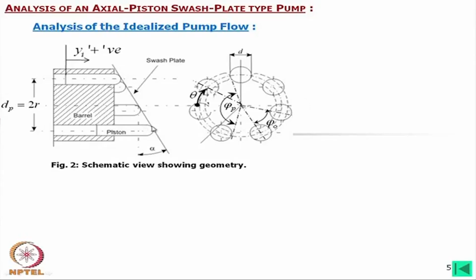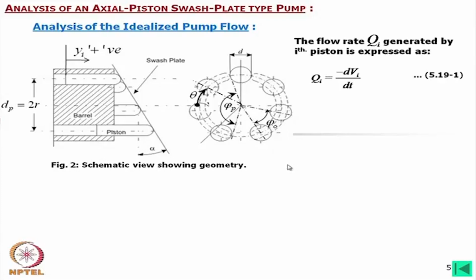So, in case of a pump, this will be for discharge, because this is in the compression mode and this is in the suction mode. So, this will be the suction manifold. Now, to find out the flow rate for a piston, we put Qi, where i is for the ith piston.